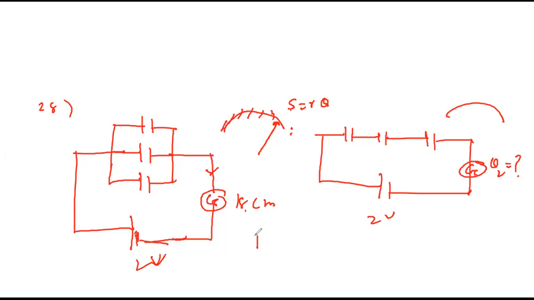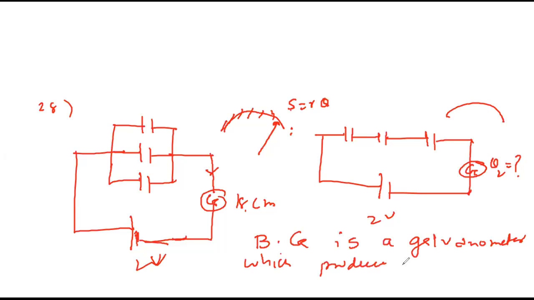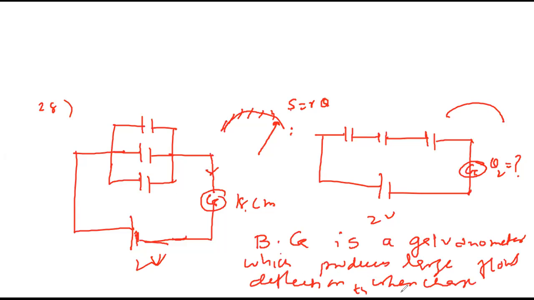What is a ballistic galvanometer? A ballistic galvanometer is a galvanometer which produces large deflection when charge flows through it. So it shows deflection when charge is flowing through it.